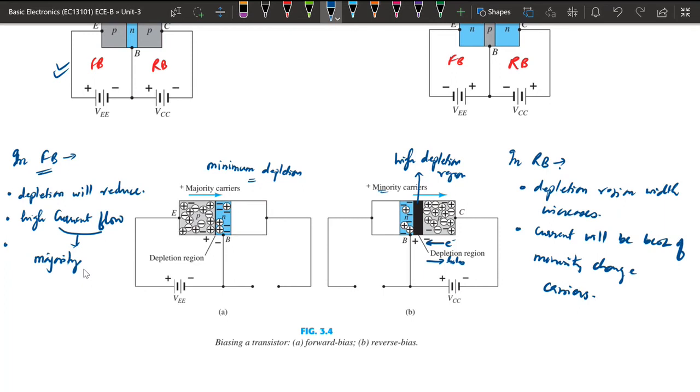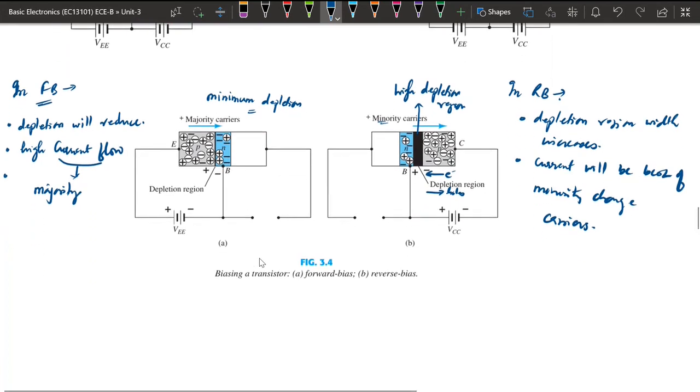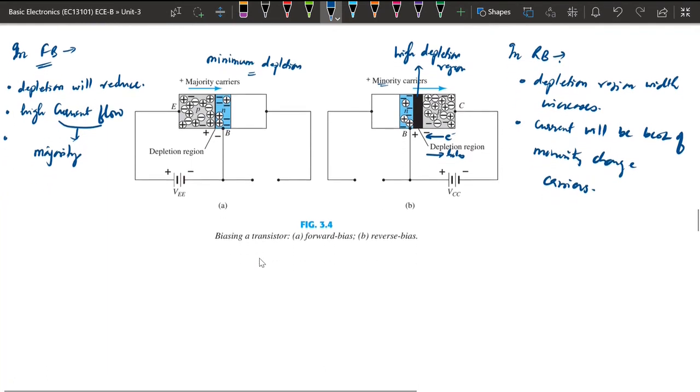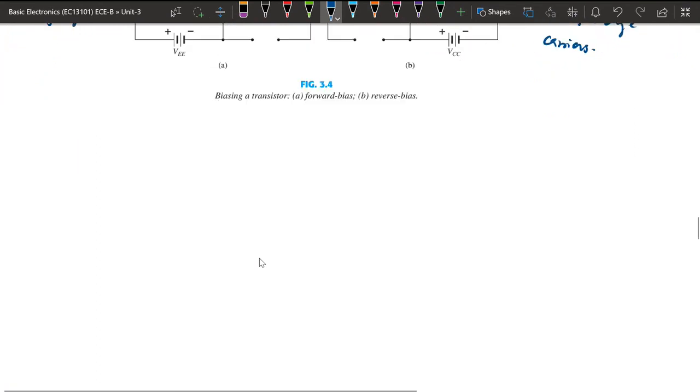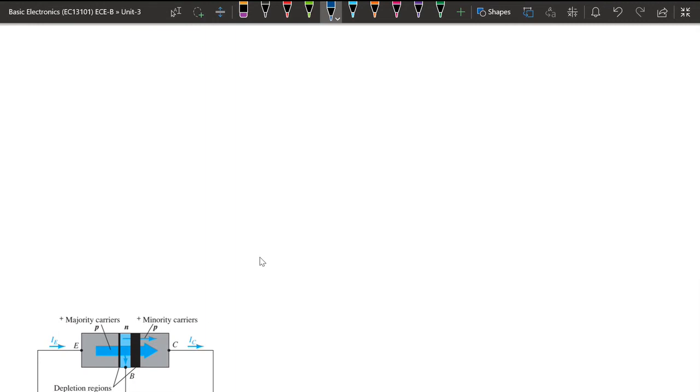So we have just gone through the separate operation in reverse bias and forward bias case. Once we have gone through the separate operation, we will just combine these two operations. Combining both operations, we can get the current flow.